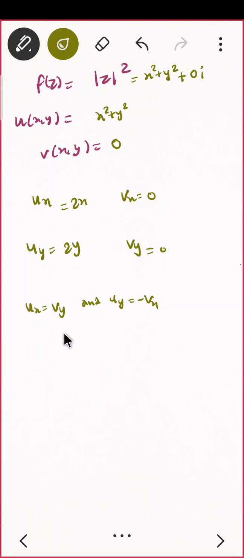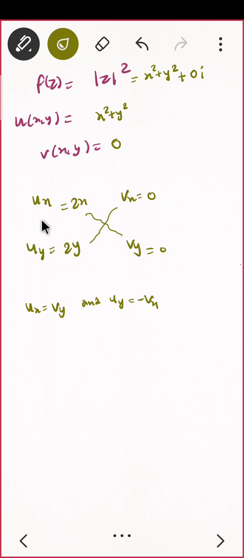When will this satisfy? You see, when these two will be the same, what will be the condition? And when these two will be negations of each other? What is your observation? Do you have any observation here?